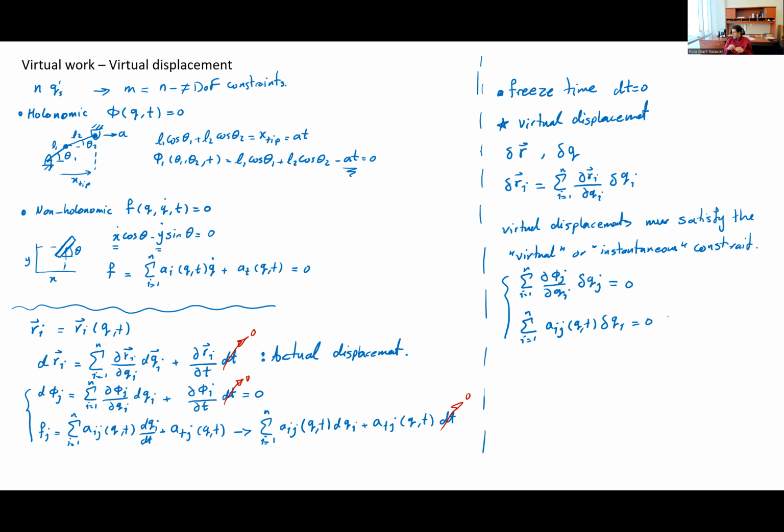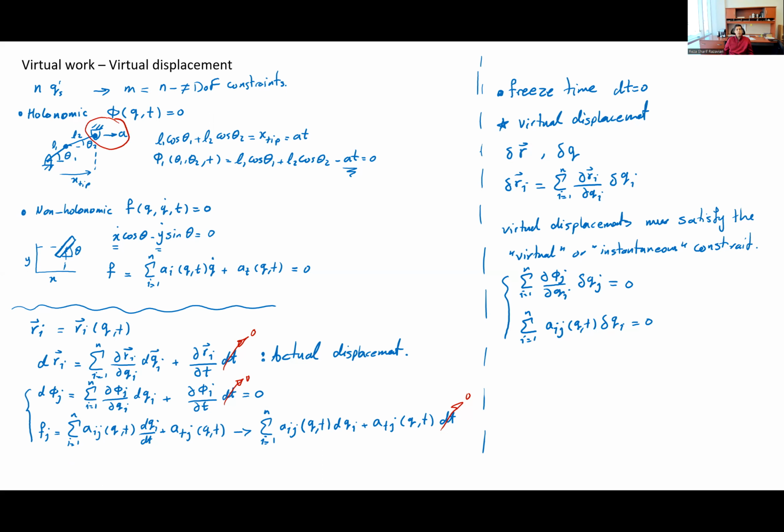I want to emphasize here that they are only different if we have these kinds of external effects that are not part of the constraints within the system.